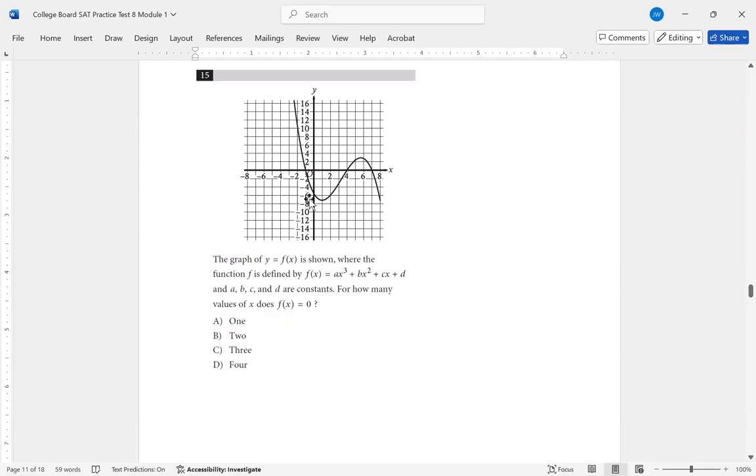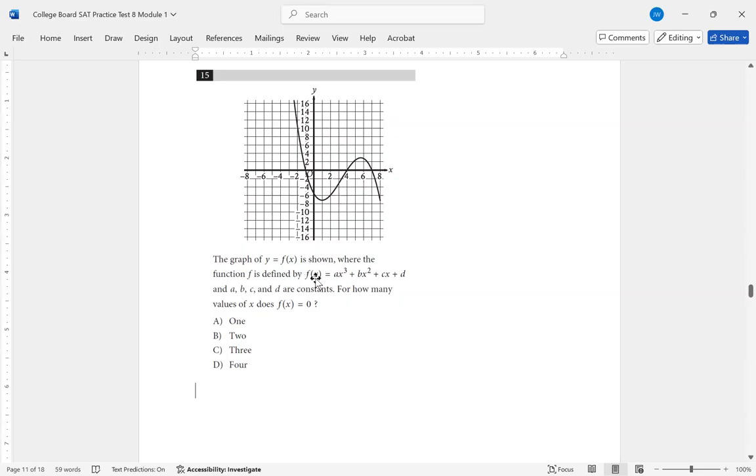So then we look back to my graph. How many times do we cross the x-axis? Well, we cross it there, which is about -1, there, which is about 4, and there, which is about 7.